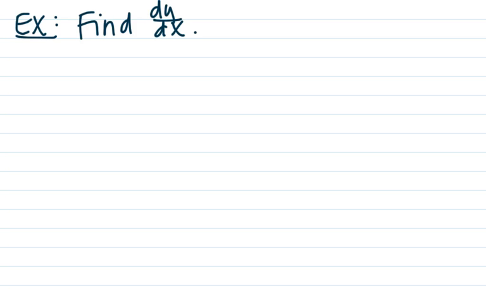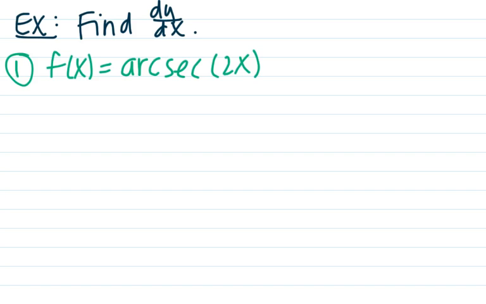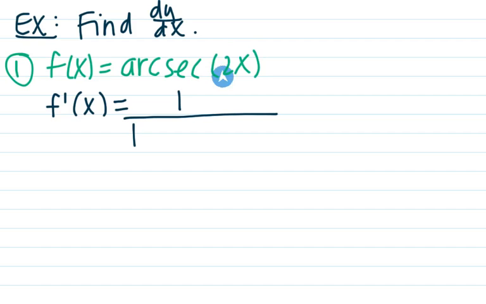For each of our examples, you're simply going to find the derivative. So for our first one, we're going to find the derivative of arc secant of 2x. Alright, so f prime of x would be, and if we remember, this is the one that had the absolute value. So we're going to have 1 over the absolute value of x, or whatever this is.